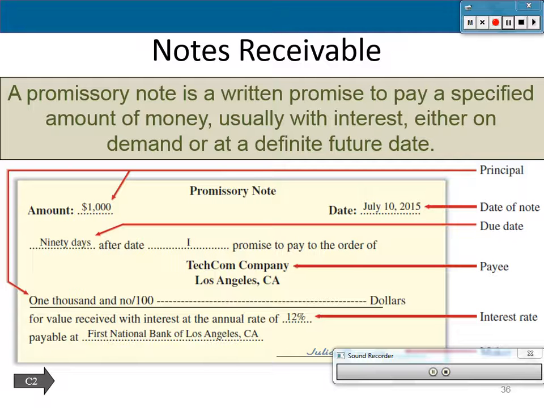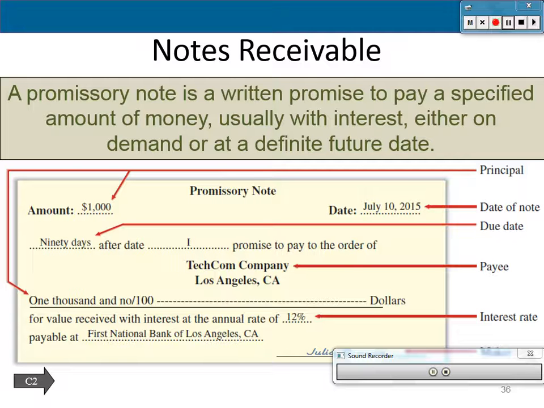So this is where a customer owes the company. They decided to write out a promissory note promising to pay, and the company says, okay, I'll put you on a notes receivable for X amount of days, and I'll tack on an interest rate for you to also pay interest once you get ready to pay the full note back.